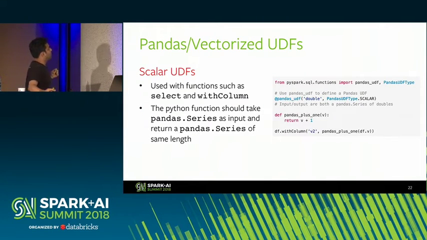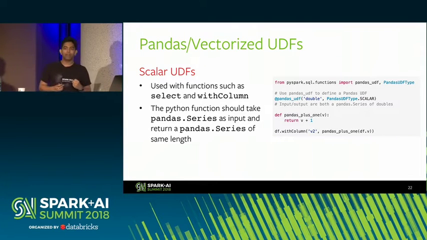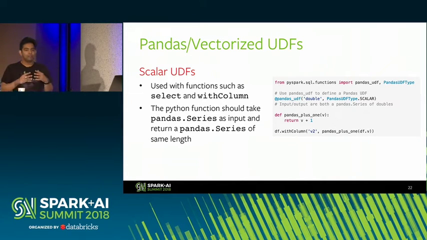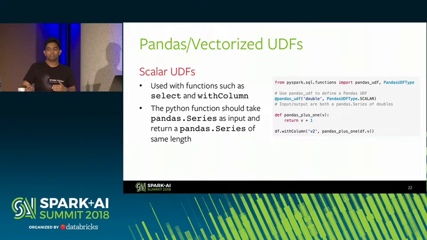So to be more concrete about the APIs, as far as the pandas, or vectorized, UDFs are concerned, we have two types. We have the scalar UDFs, which are used with functions such as select and withColumn. Essentially, these Python functions take in a pandas.Series, which is a wrapper around NumPy arrays, and then return a pandas.Series.